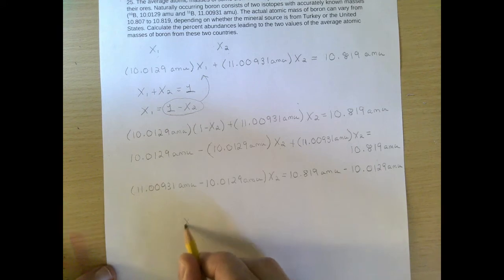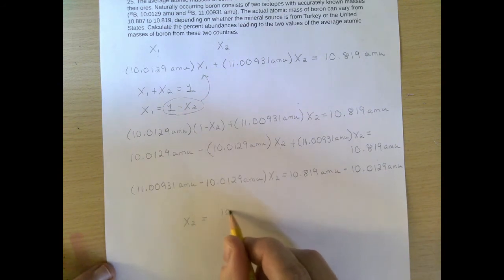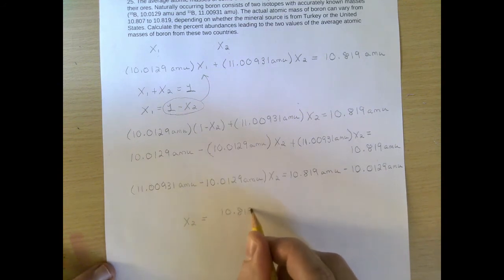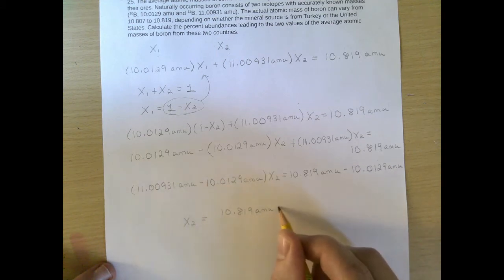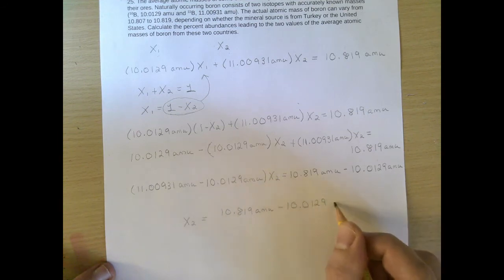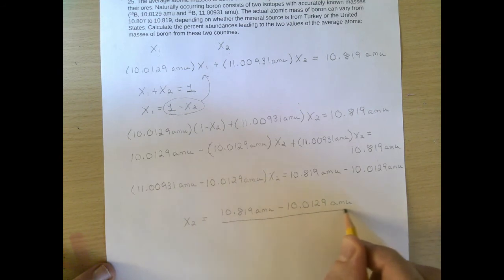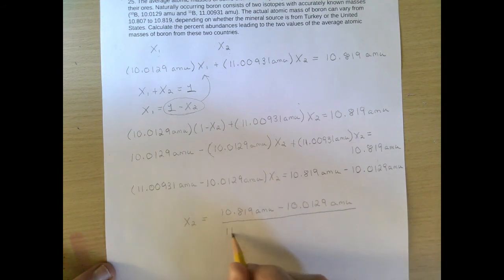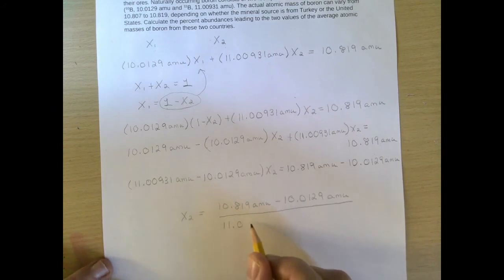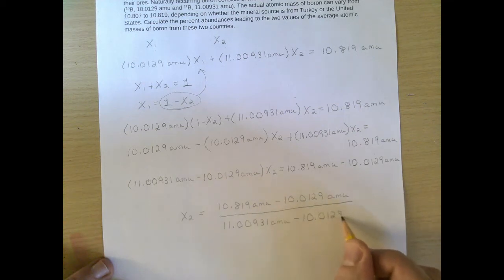So x2 is going to equal, this would be my numerator here, 10.819 AMU minus 10.0129 AMU, divided by 11.00931 AMU minus 10.0129 AMU.